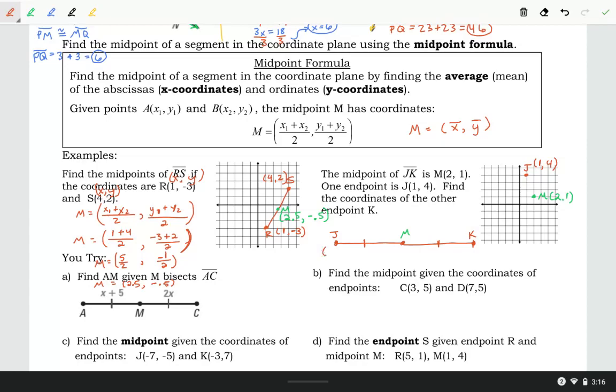And we know that J is at 1, 4, and M is at 2, 1, and we're trying to find K. So we're just going to call this X and Y right now.